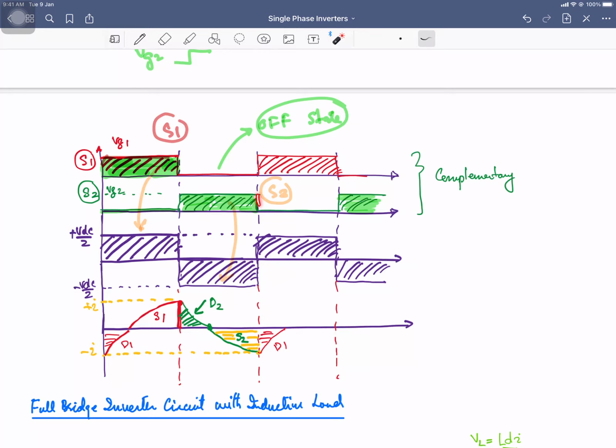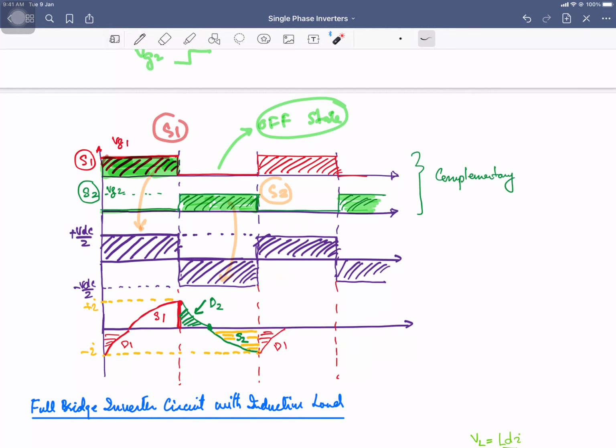So you are going to remove the gate voltage from the switch S2, and you are going to apply the voltage at the gate of the switch S1. So you will get the plus VDC by 2 at the load. So because of that, your diode D1 will start conducting, and once the current becomes 0, then the current will be developing in the opposite direction, and then your switch S1 will be conducting.